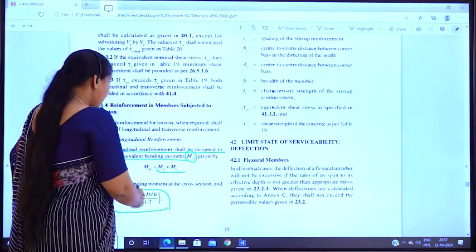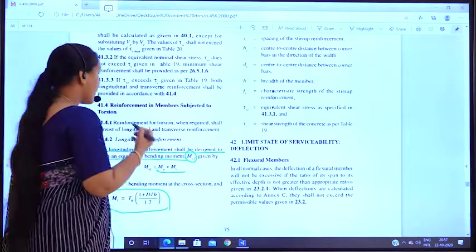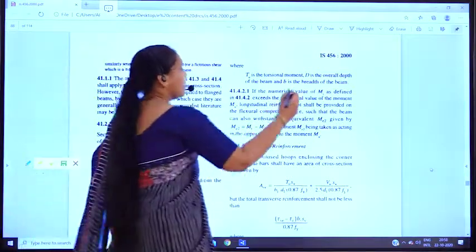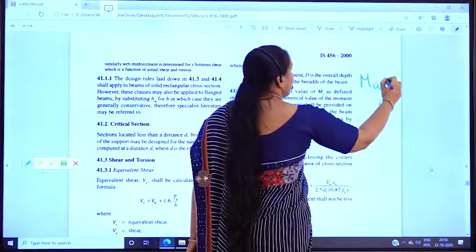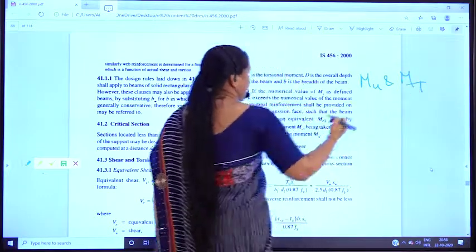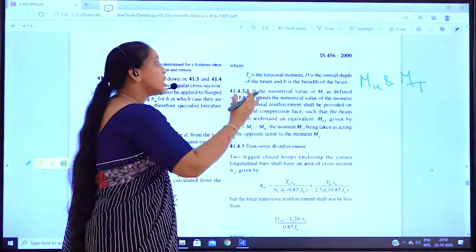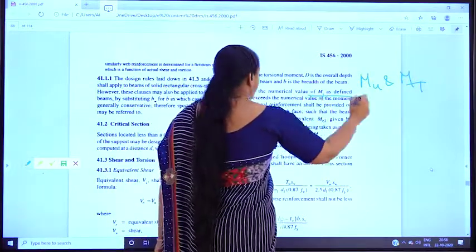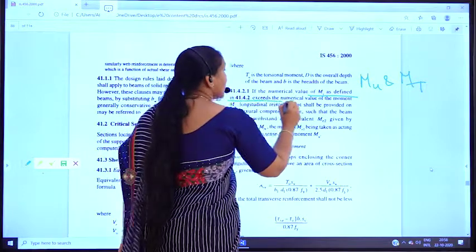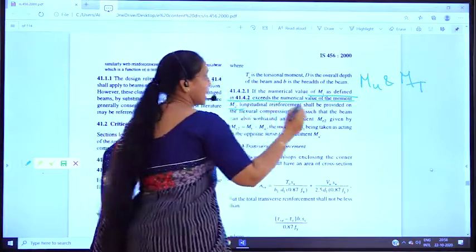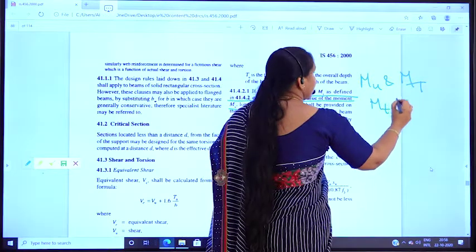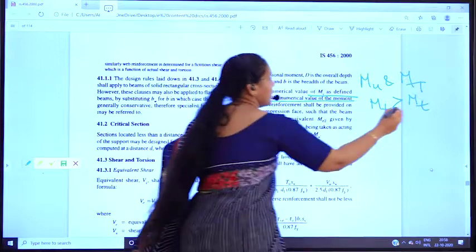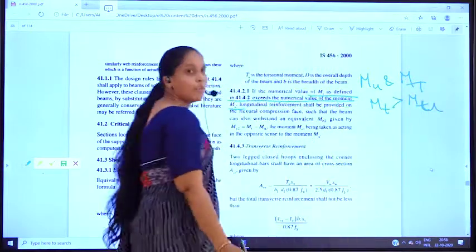After getting the values of MU and MT, we have to compare both values. If the value of MT is greater than MU, then what do we have to do?